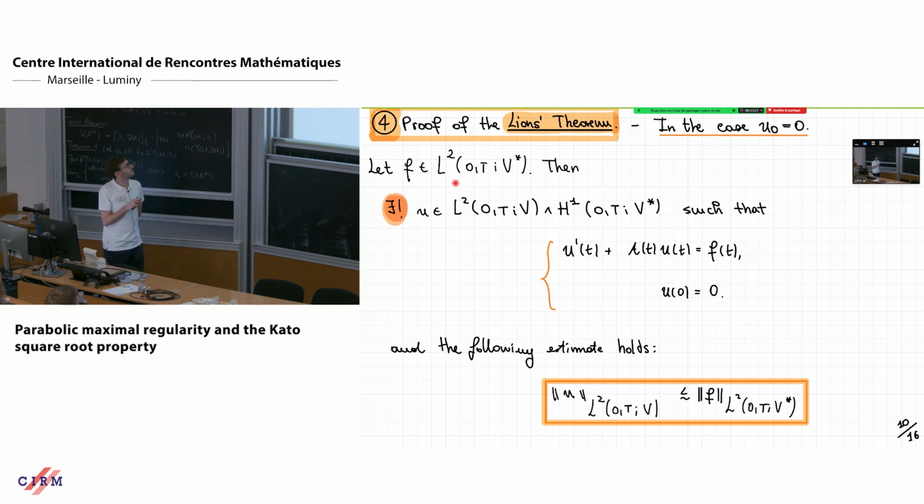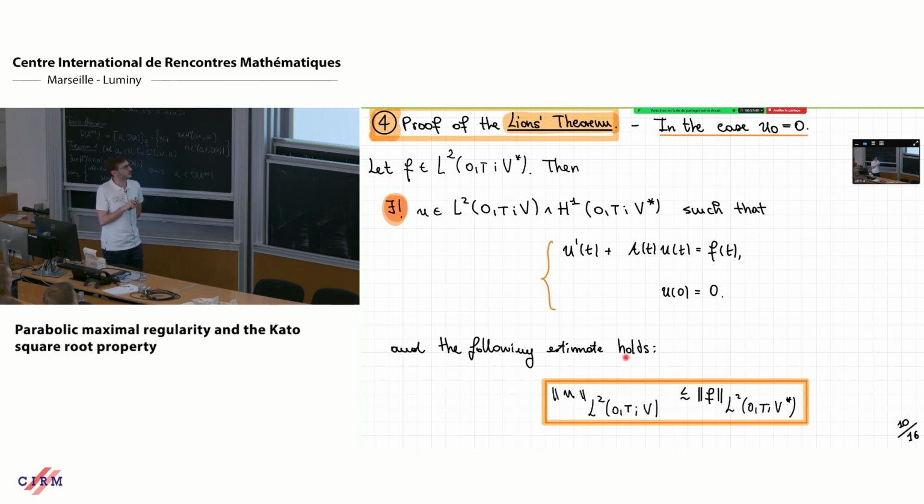So we pick an F in this space, L2 with value in V star. In this case, U0 is 0, anyway, we have to put it in H. Then we want to prove that there exists a unique U in the maximal regularity space, so L2 with value in V and H1 with value in V star, so we are in the bigger space V star, such that it's a solution for every time.